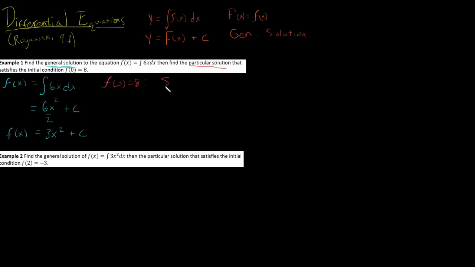So we'll write 8 is equal to 3 times 0 squared plus c. That goes to 0, so 8 equals c. Our particular solution in this case is f of x is equal to 3x squared plus 8. And that's all we have to do.